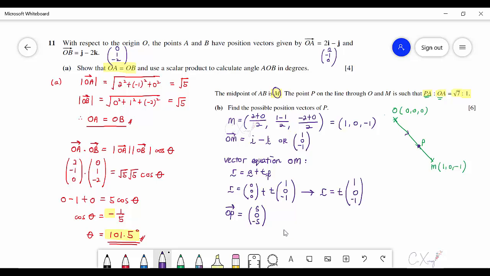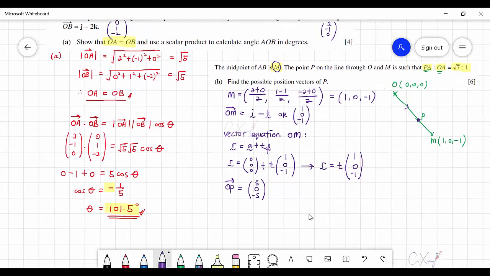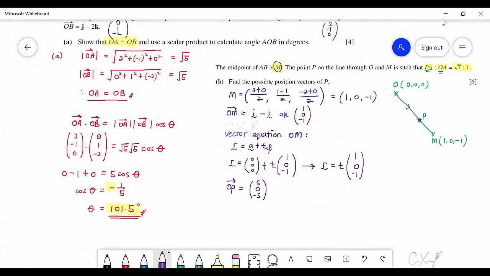All right, then next we want to focus on what they give us now. Since they tell us the length of PA and also the length of OA, before I find the length of PA, I need to know the vector PA first. So PA means PO plus OA. What is PO?